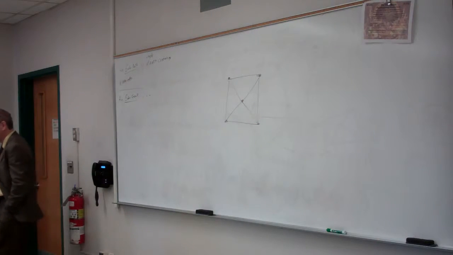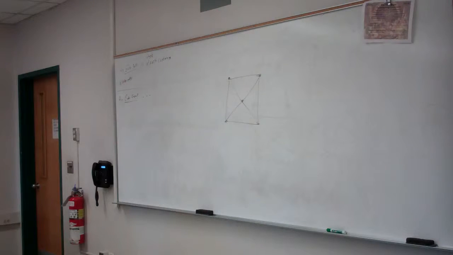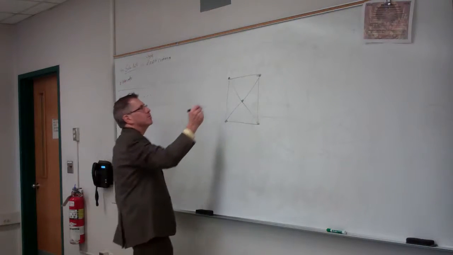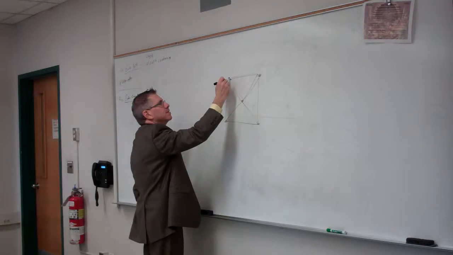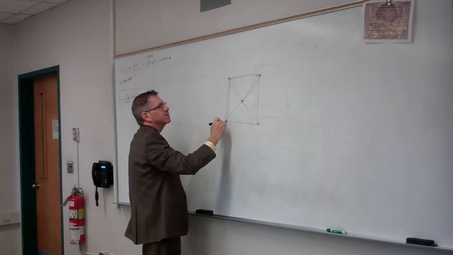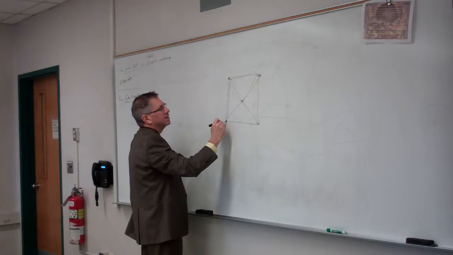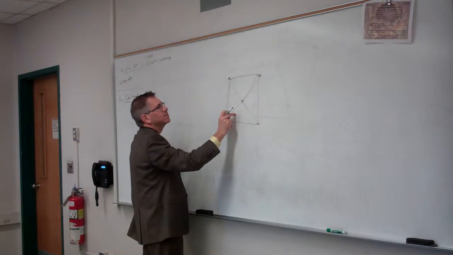So there's a graph. That's a wheel. And there's no way to build a path that visits every edge exactly once. We can start here and go like that, and then come down here, and eventually we need to visit this edge.